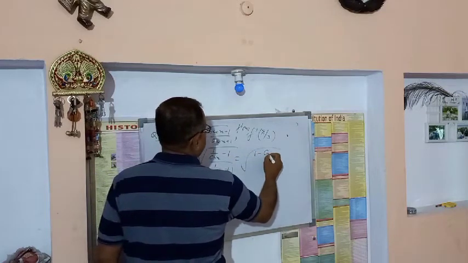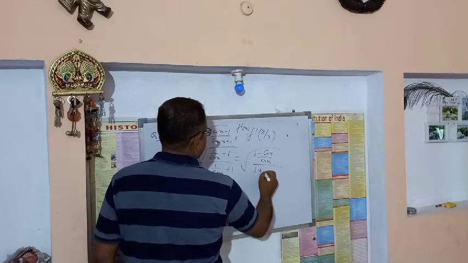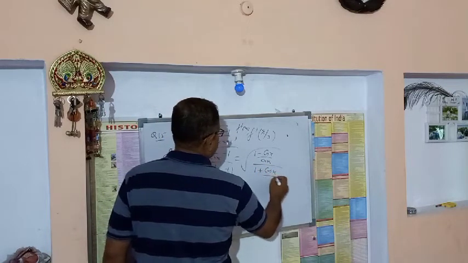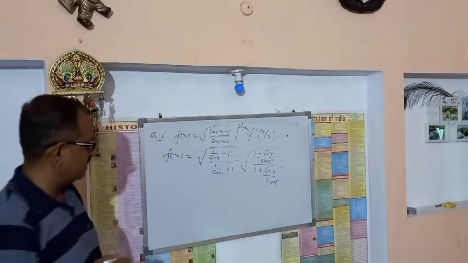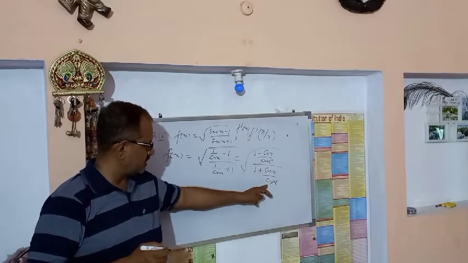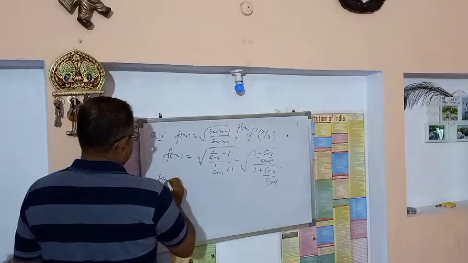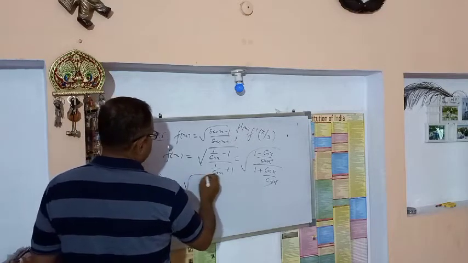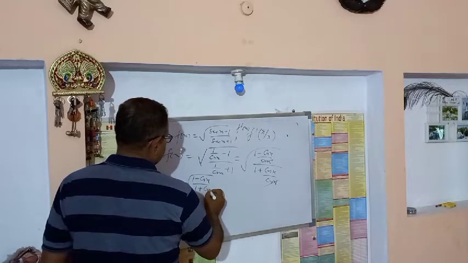So it will be 1 minus cos x upon cos x, and 1 plus cos x upon cos x. The cos x cancel. So f(x) is equal to root 1 minus cos x upon 1 plus cos x.